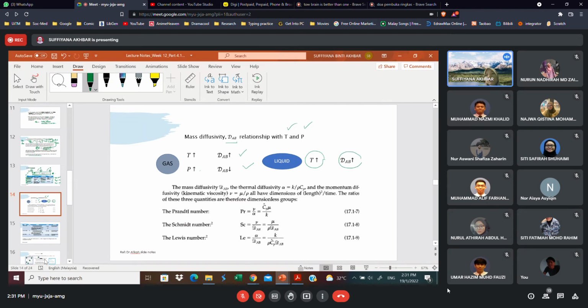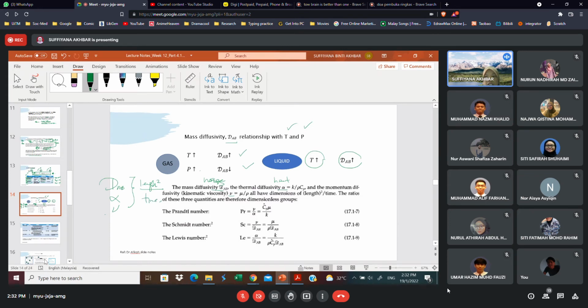So we find that the mass diffusivity, the thermal diffusivity, which is for heat, and the momentum diffusivity, also known as kinematic viscosity nu, all have dimensions of length squared over time. So that is DAB, alpha, and nu. The similarity is that they have a similar unit, length squared per time.